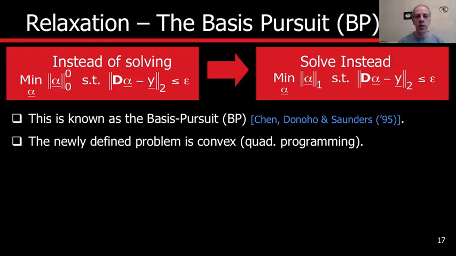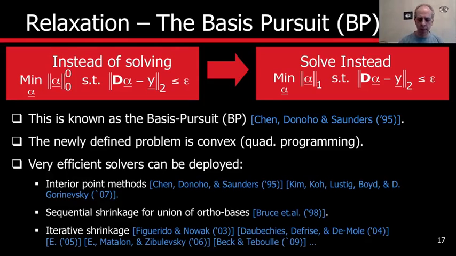And in the packages I mentioned that are free for you to download and to play with sparse modeling, you have implementations and very efficient implementations of this. And this actually has been the source of a lot of research in the community, because now that we know that this is convex and is solving under certain conditions the original problem, let's try to solve it the best possible way.